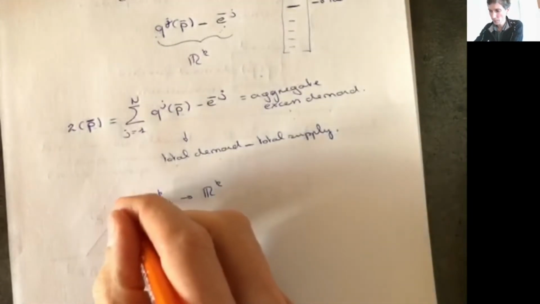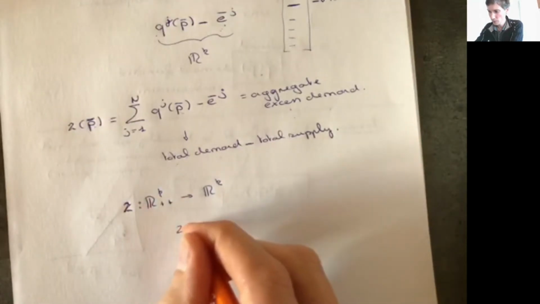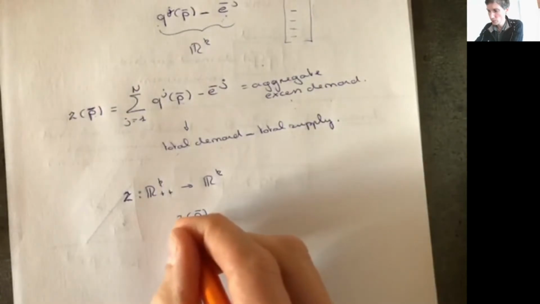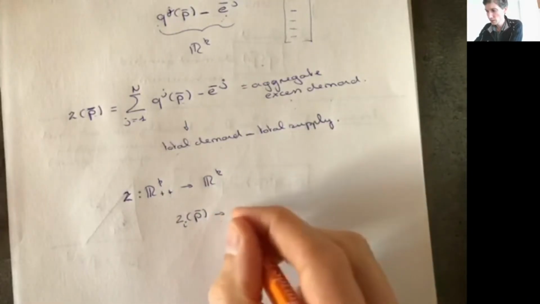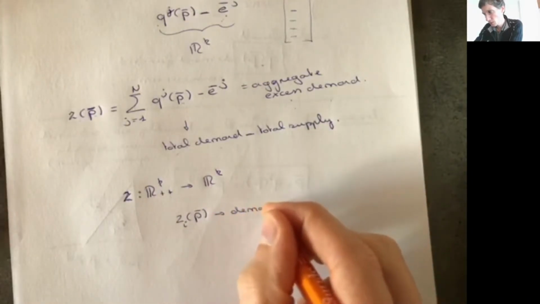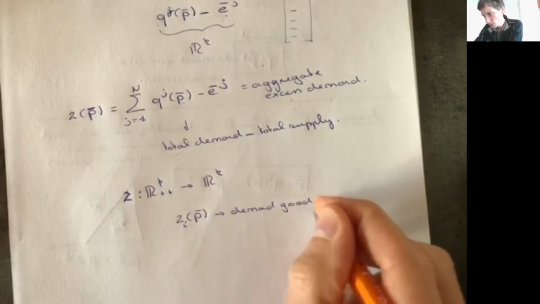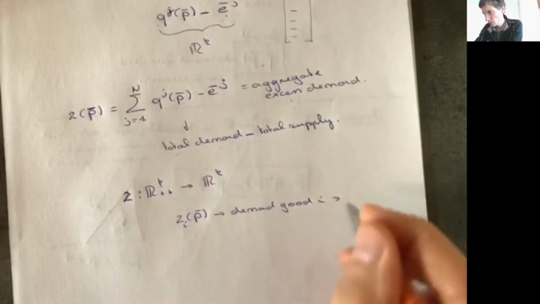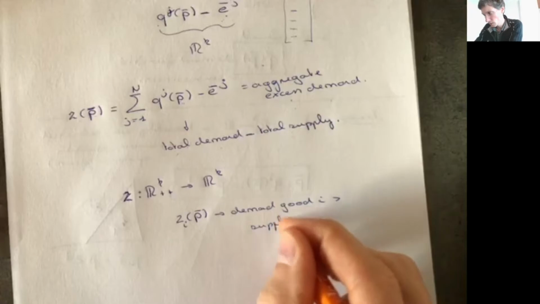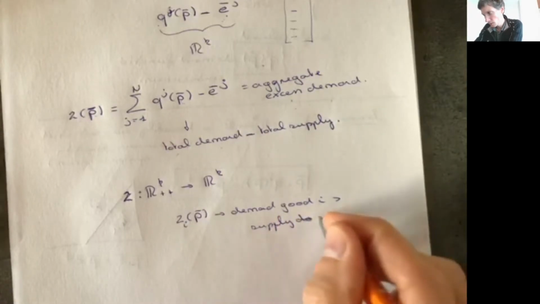Okay, so if I look at good i, let me use subscripts for the goods, then if z_i(p) is positive, demand for good i is bigger than supply of good i.